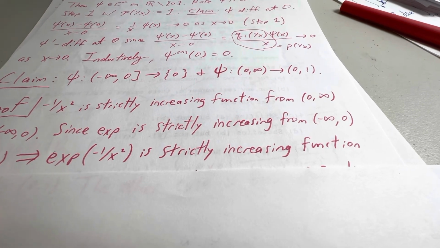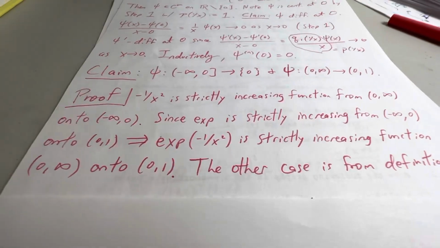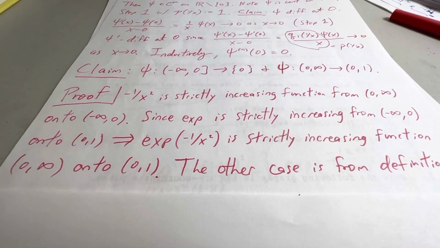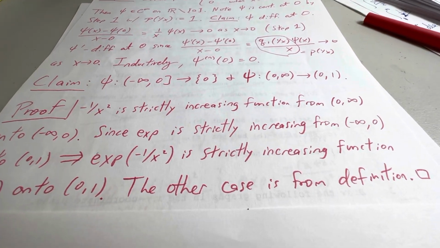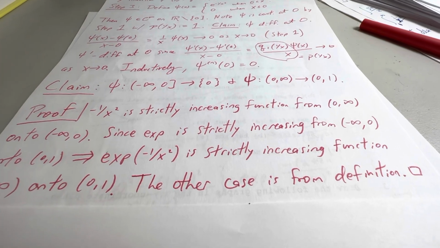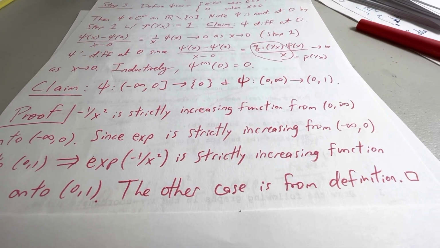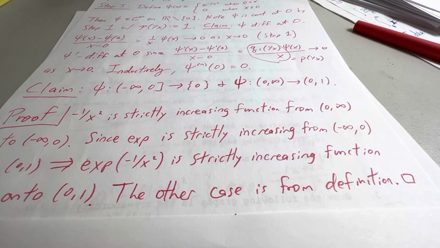We see that that function is strictly increasing from the positives to the unit interval. And I make the claim that the other case is from the definition. So that claim really wasn't much, but it is important to note.